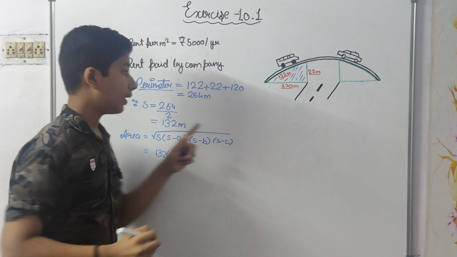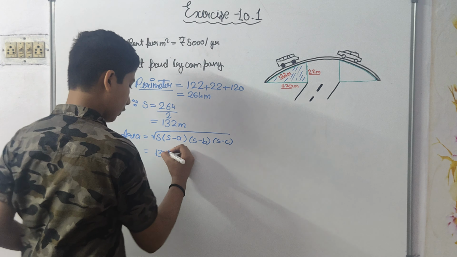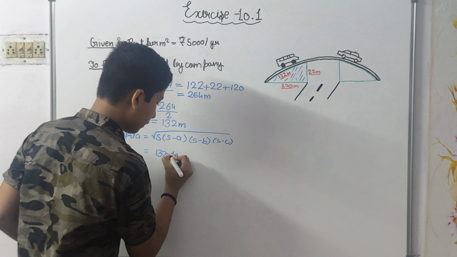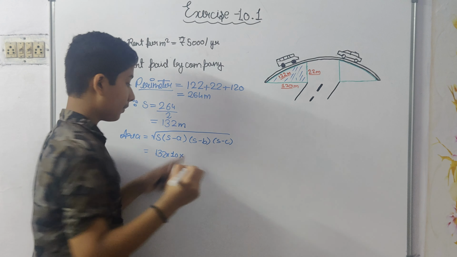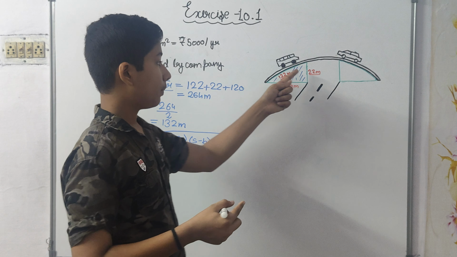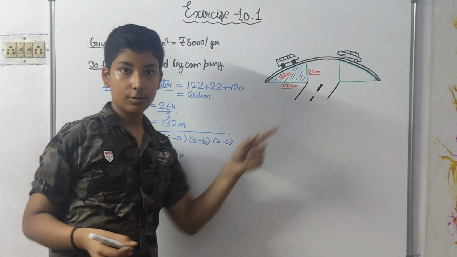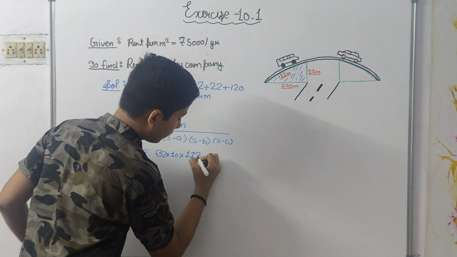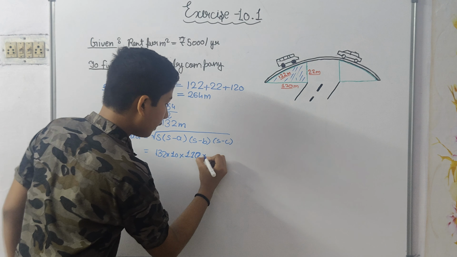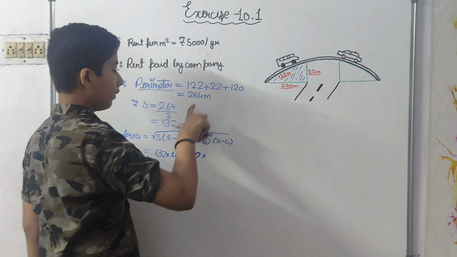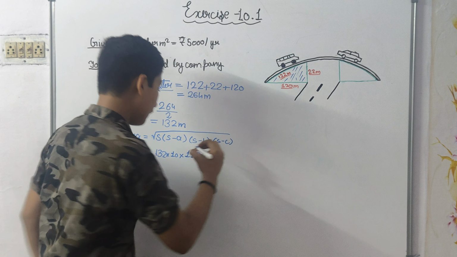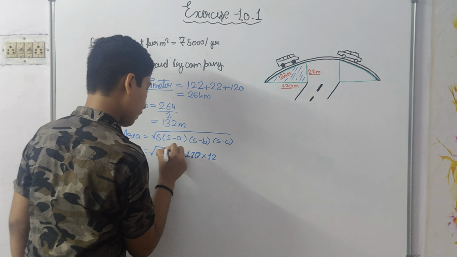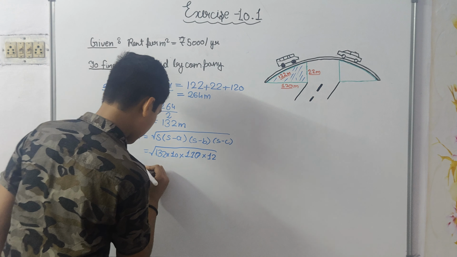S minus A means 132 minus 122, which is 10, multiplied by S minus B. S minus B will be 132 minus 22, which is 110. 110 into S minus C will be 132 minus 120, which is 12. This will be under root once again.